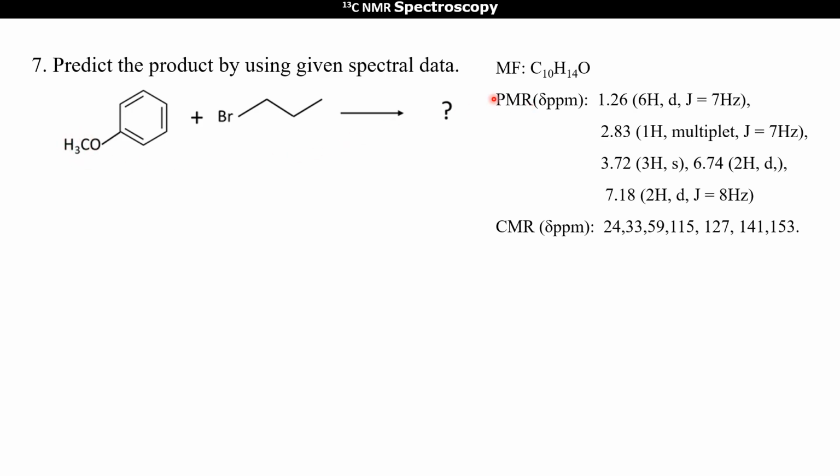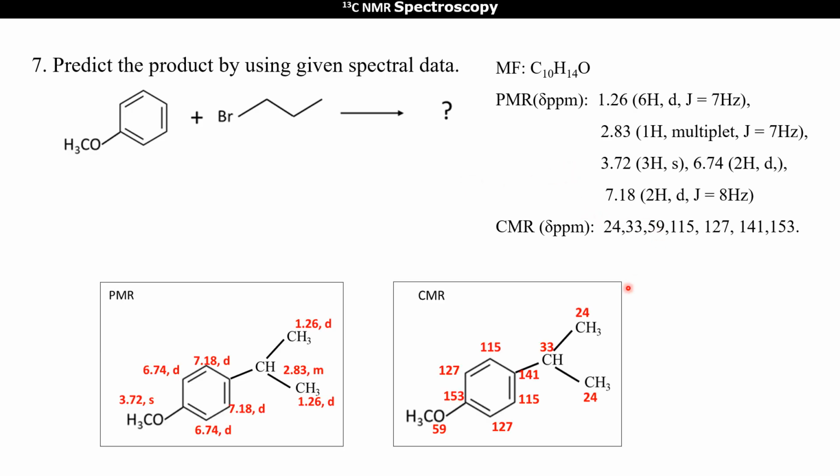Also, we remember that in the molecular formula of the product there is no bromine atom. That is, this is an alkylation reaction and there is a removal of HBr. By considering all these facts, the structure of the product is like this. The signals are assigned for both PMR and CMR.